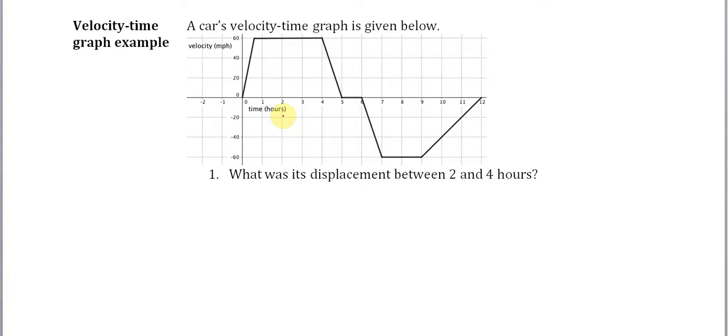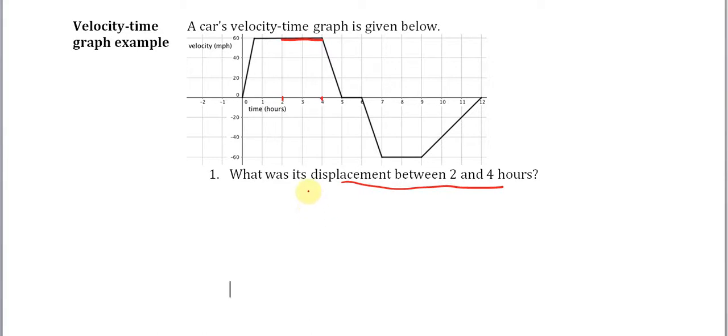So question number one, what is its displacement between 2 hours and 4 hours? So 2 hours is here, 4 hours is here, and you can see that between 2 and 4 hours the car is traveling at 60 miles per hour. So the displacement, remember, is the change in position between 2 and 4 hours.